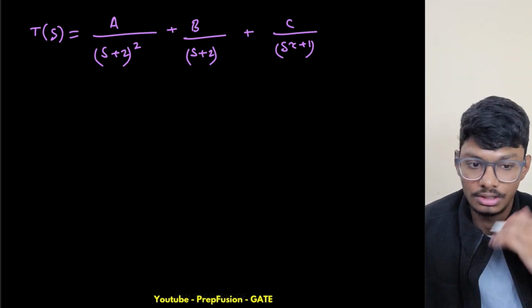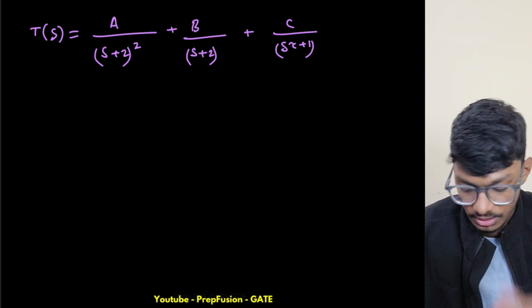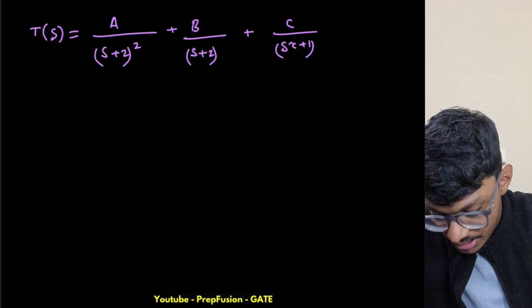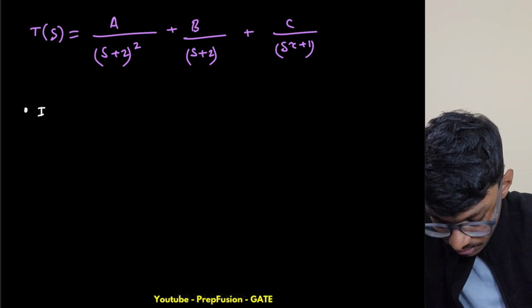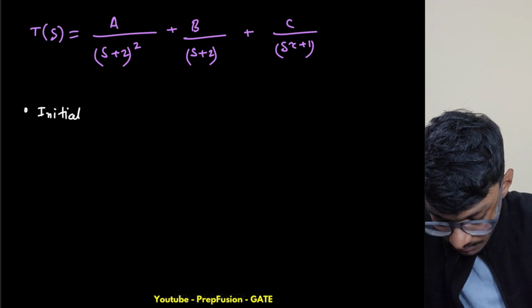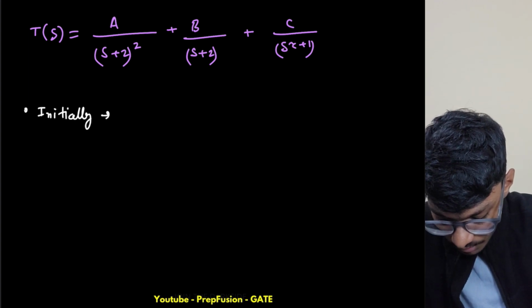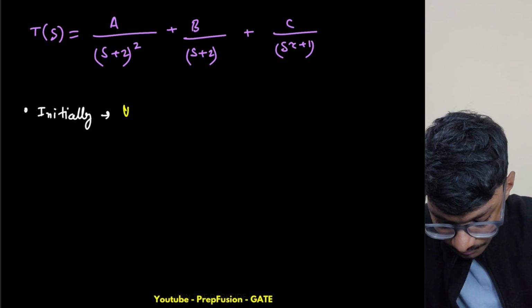If I had an underdamped system, it will go more towards overdamped. So initially, let's say I had an underdamped system.